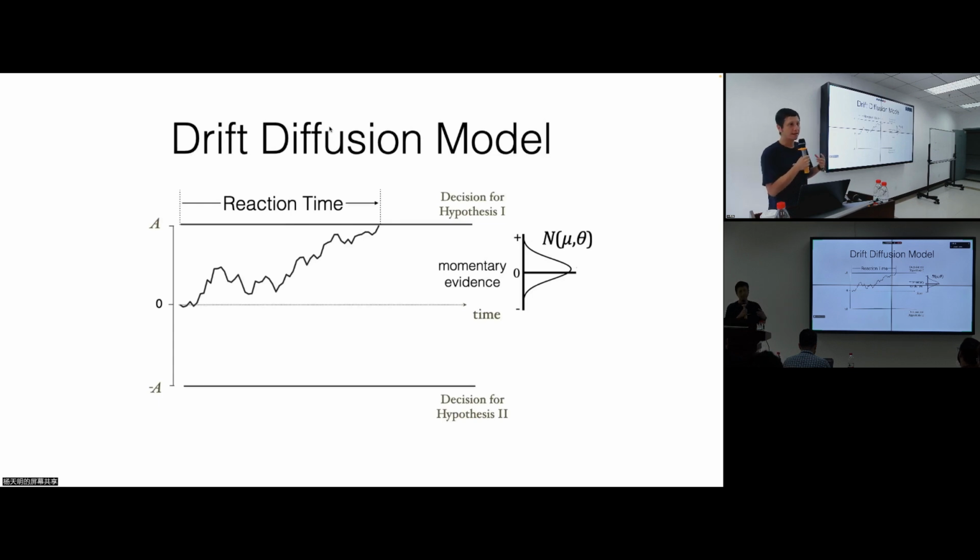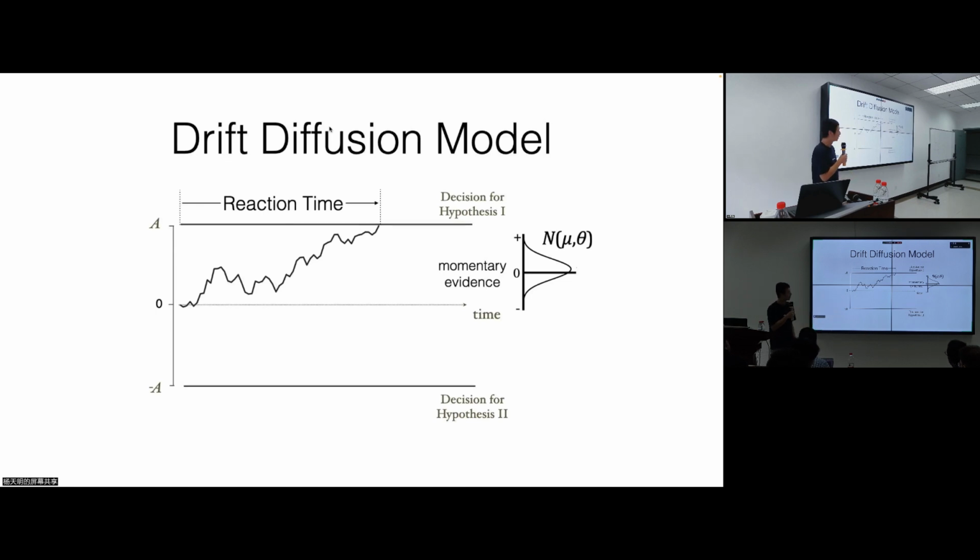But there's one thing that I've never said about the DDM model. Here in the model, you can see the x-axis is the time, right? It shows you how evidence is accumulated over time. But I never talked about what exactly the y-axis is.